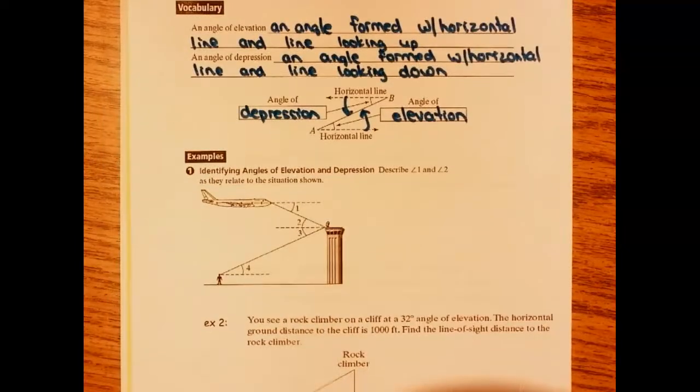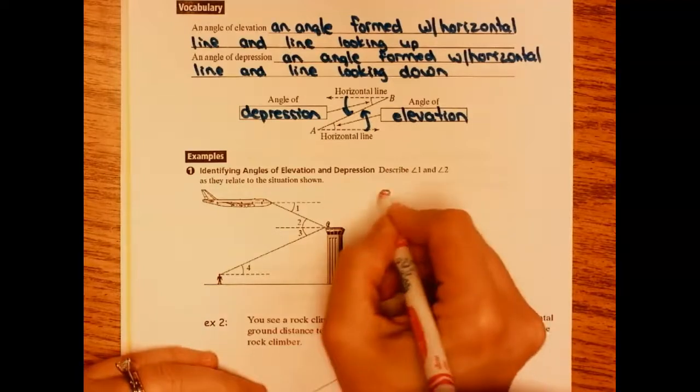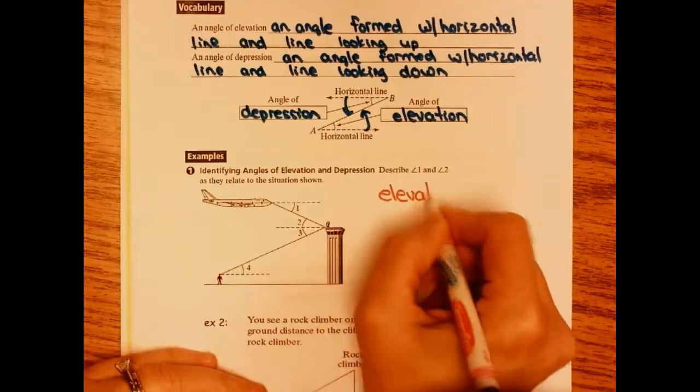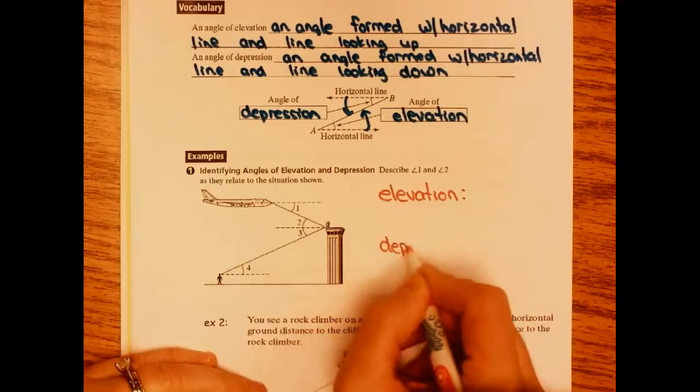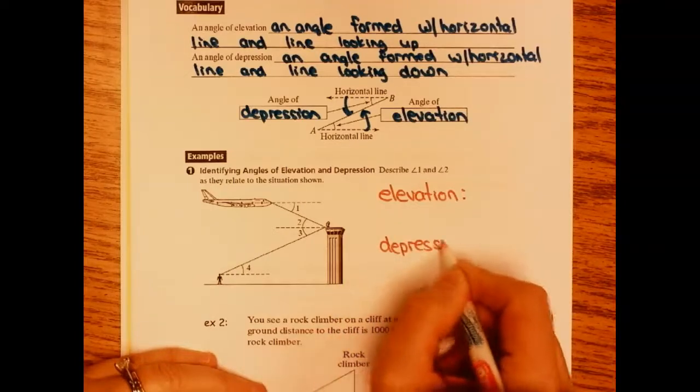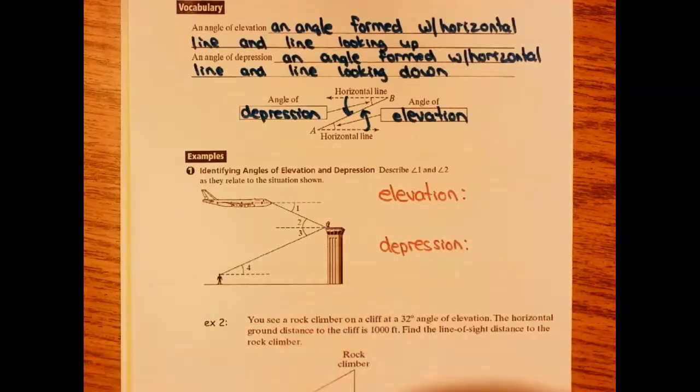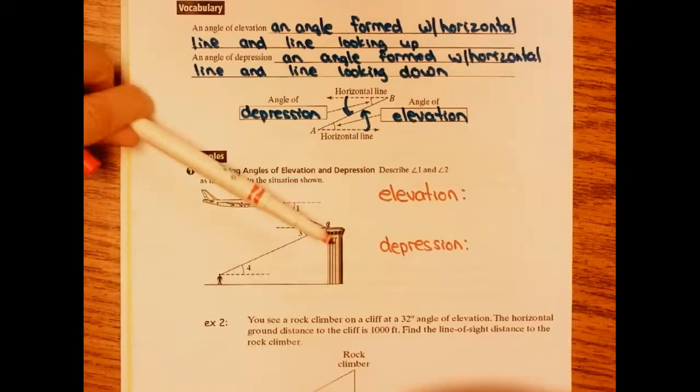Looking at number 1, they want us just to identify angles of elevation and angles of depression. So let's look at elevation to begin with. And again, what we said was that means you're looking straight out and then you are looking up. Let's start at angle 1. Angle 1, you're looking out and then you're looking down.